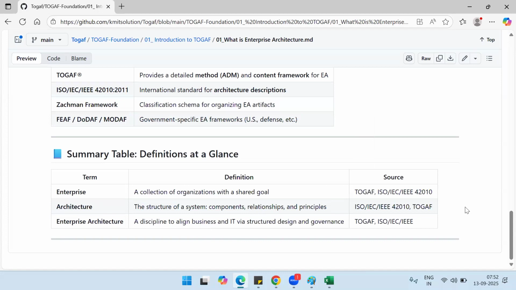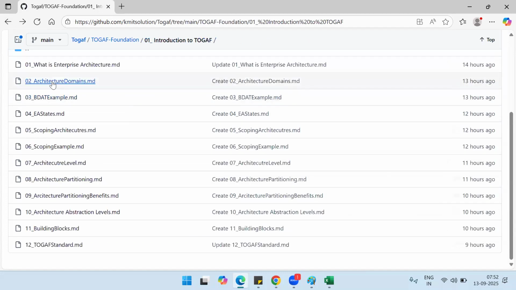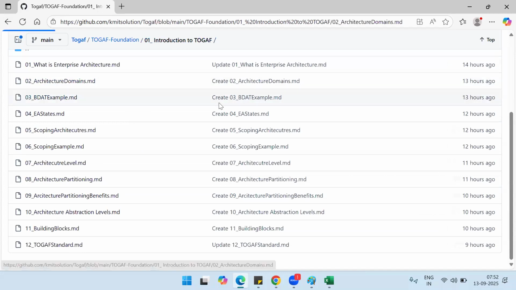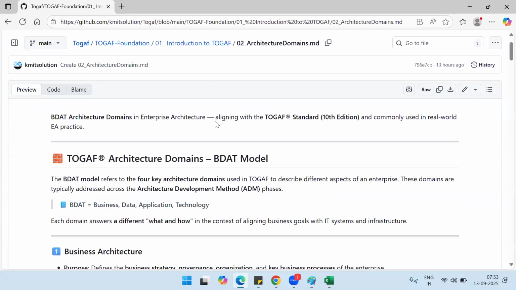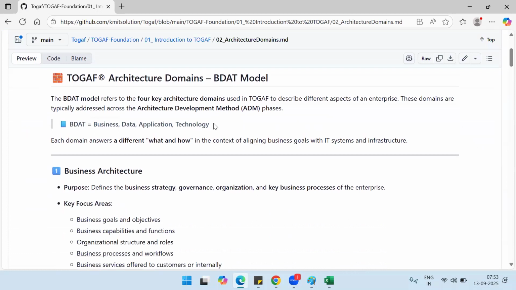Anyone has any question till now? All right. So now we will talk about this architecture domain in detail. Then we will see one example. So the BDAT model refers to the four key architecture domains used in TOGAF to describe the different aspects of the enterprise.